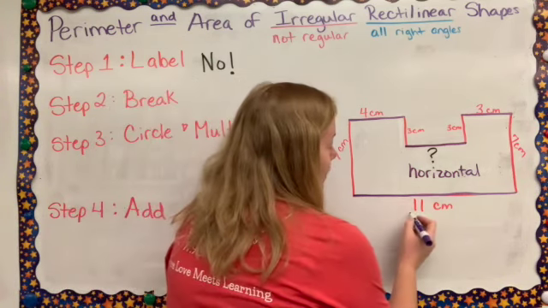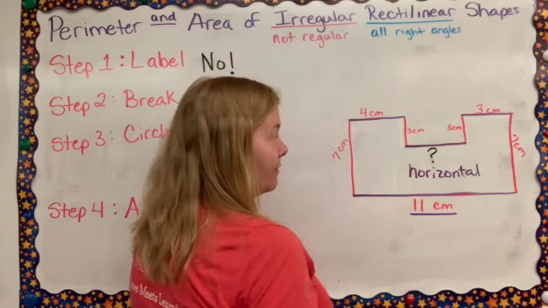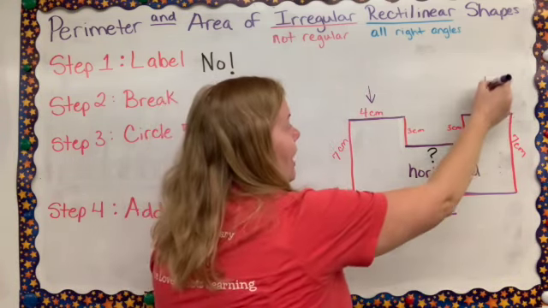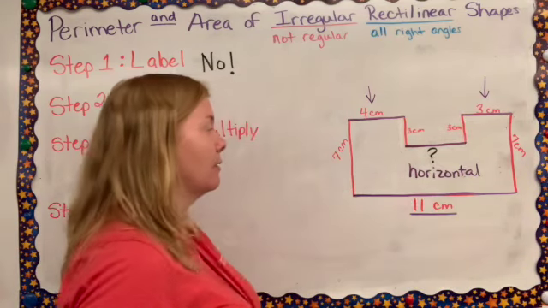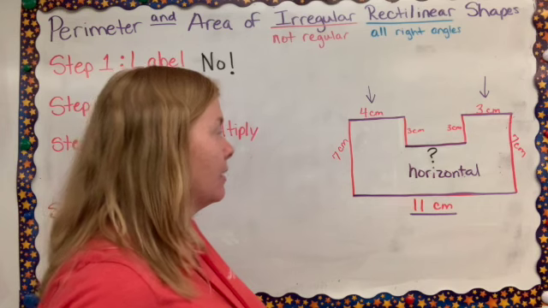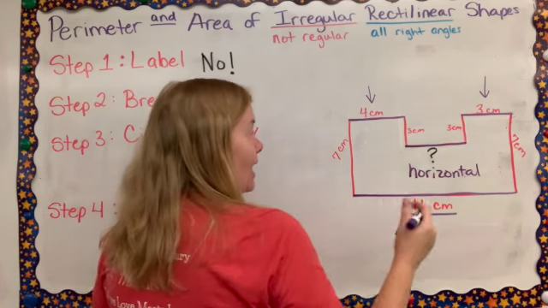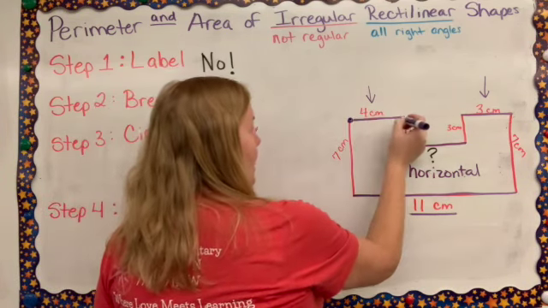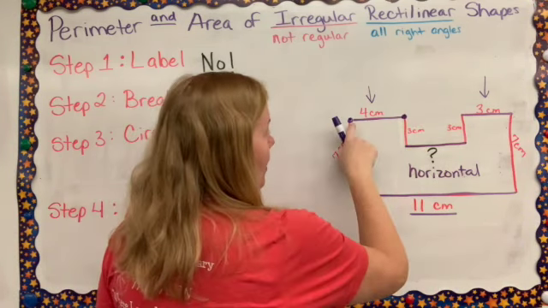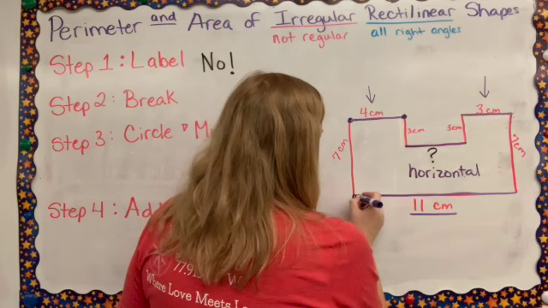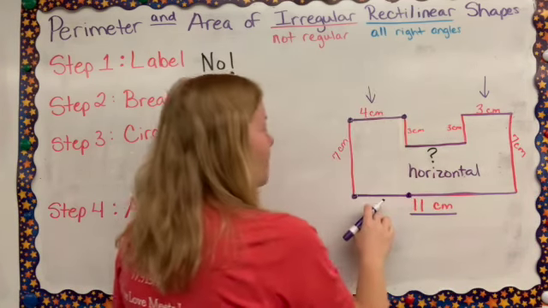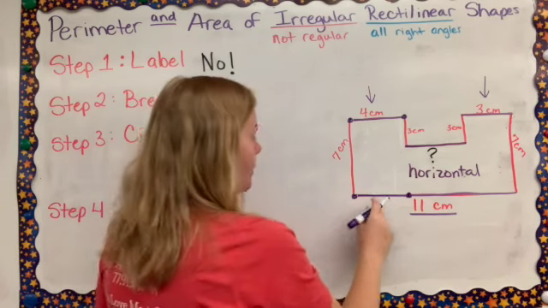We have a measurement of 11. We have a measurement of 4. And we have a measurement of 3. I am missing something in between here. I like to say dot to dot, this is 4. So if the top is 4, then dot to dot, the bottom is also 4.